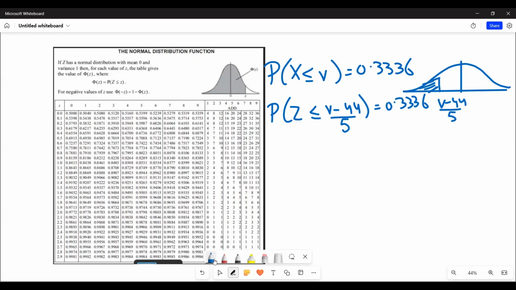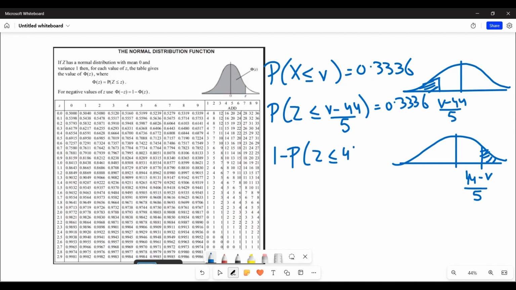Instead, what we'll do is reflect it towards this side, so we'll change its sign. It's now going to be 44 minus V upon 5. We're going to find this probability from 1 minus probability Z is less than or equal to (44 minus V) upon 5 equals 0.3336.